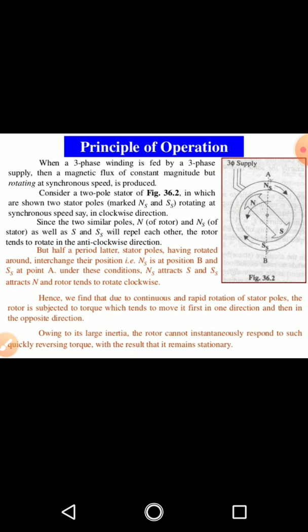But half a period later, the stator poles, having rotated around, interchange their positions. That is, Ns is at position B and Ss at point A. Under these conditions, Ns attracts S and Ss attracts N, and the rotor tends to rotate clockwise, opposite to the previous action.